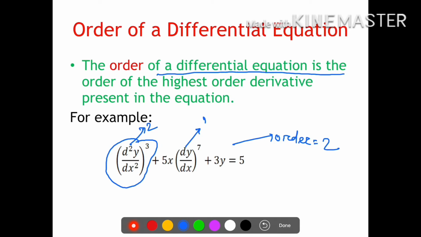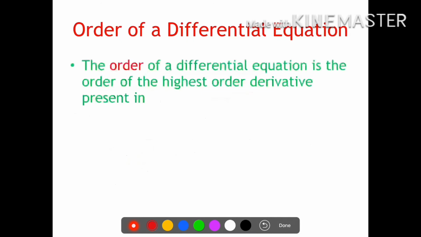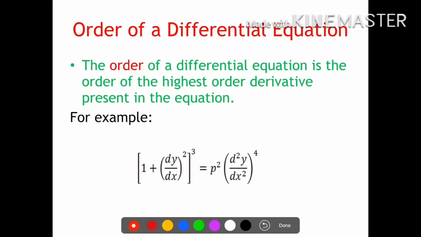The order of a differential equation is the order of the highest order derivative. This we have to consider: the highest order derivative. Find the term which contains the highest order derivative, and how many times that term is differentiated will be the order of the differential equation. Let us take one more example.